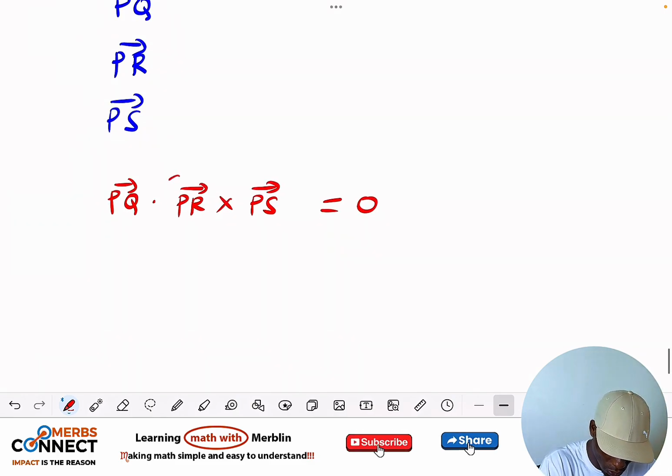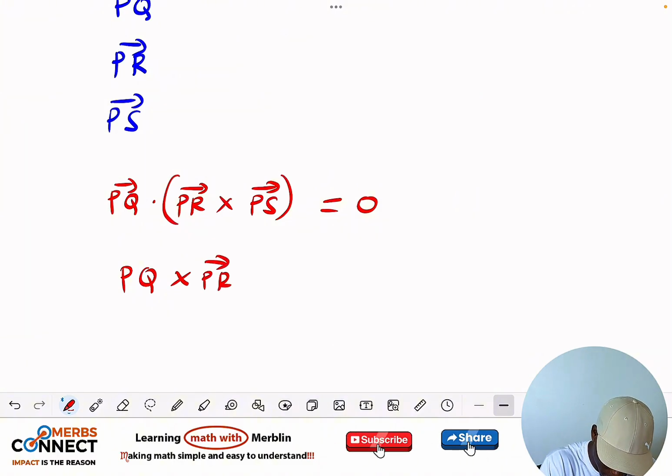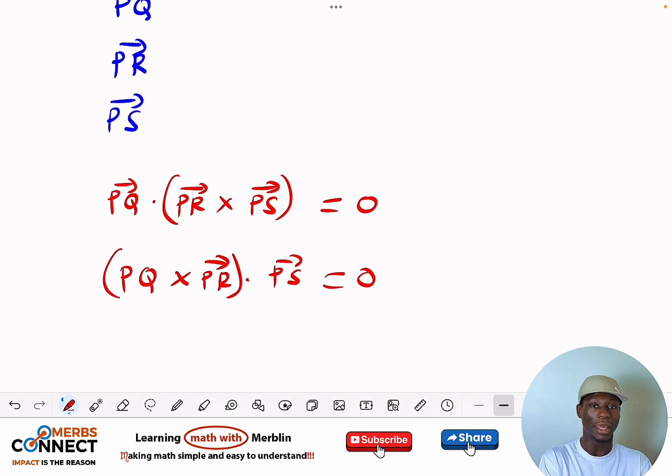And then we can also look at PQ cross PR dot PS, which should also be equal to 0. If you're able to do this, then we are going to say that the points lie on the same plane. So that's basically what we want to do.